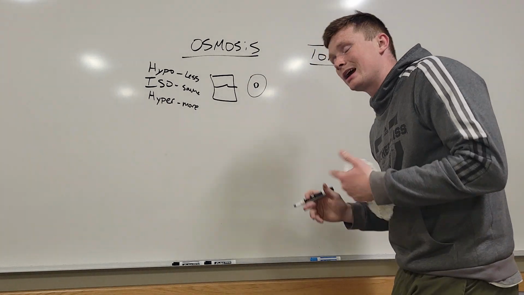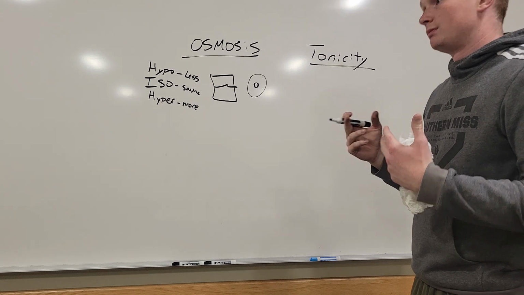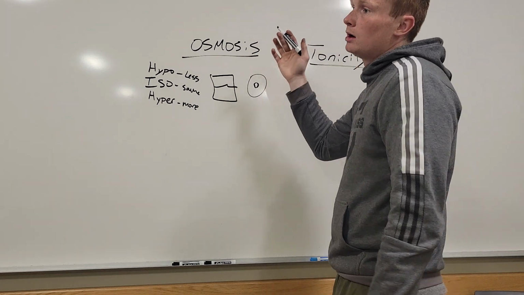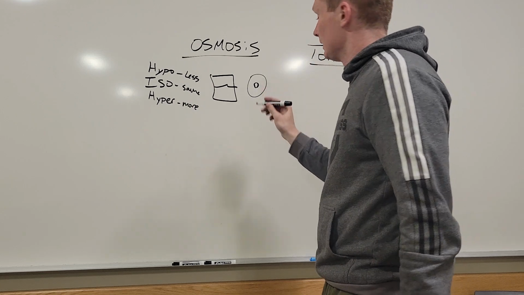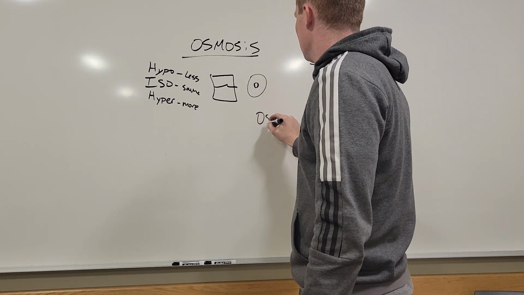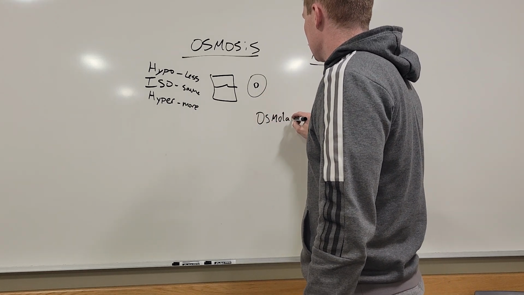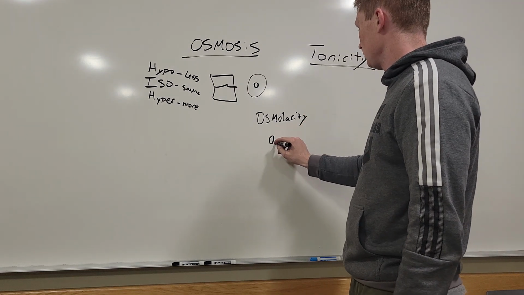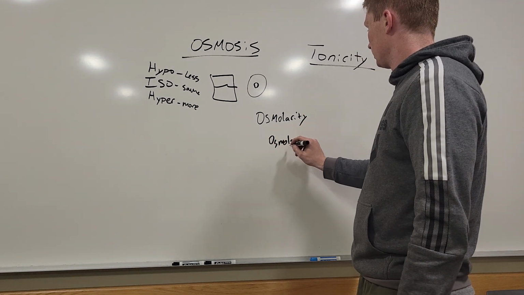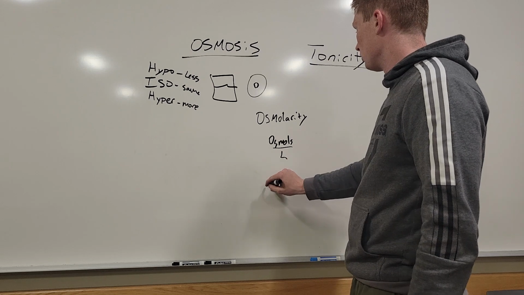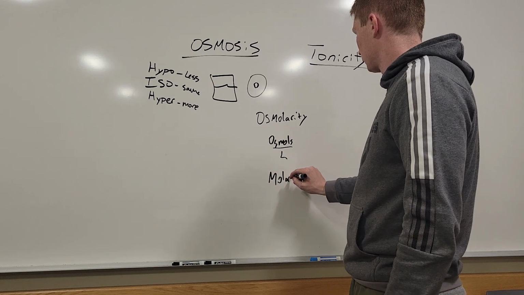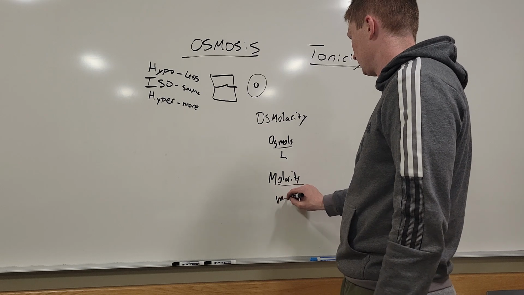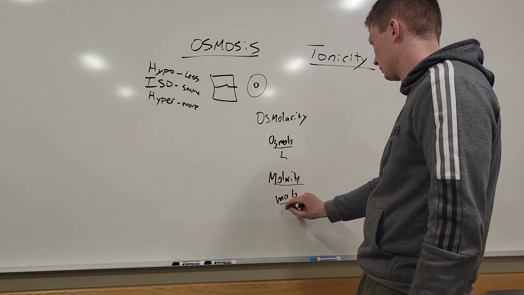Okay? There's our cell. So we're going to use osmolarity. And osmolarity and molarity are similar but different. They had to make up a new form of units for osmosis, so they use osmolarity, okay, which is osmoles over liters. Molarity is moles per liter.